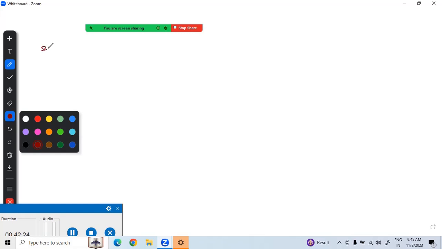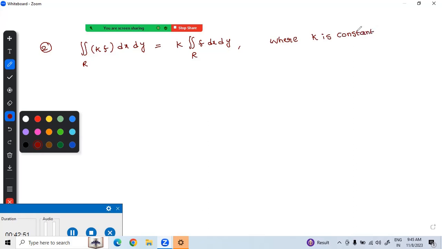Second one, the double integral of k f dx dy, where k is a constant, is k times the double integral of f dx dy.